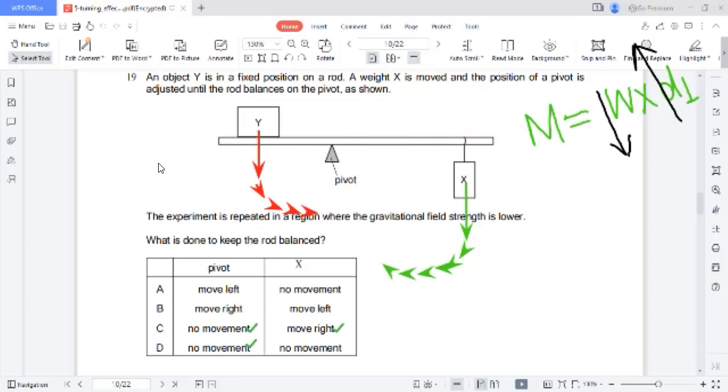So by moving it to the right side, we'll create more clockwise movement. So we can easily balance the anti-clockwise movement. So I think the possibility is this one.